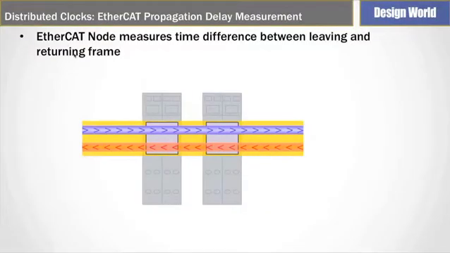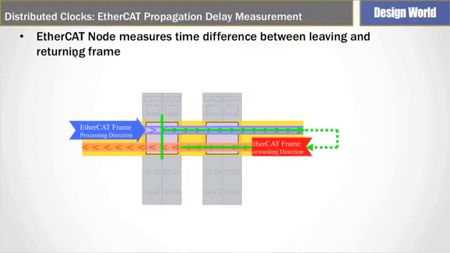From a synchronization perspective, which is very important for motion control, EtherCAT uses a distributed clock mechanism as opposed to IEEE 1588 or one of the other protocols. Each of the slave devices is able to measure the time difference between a frame going through and coming back very accurately.